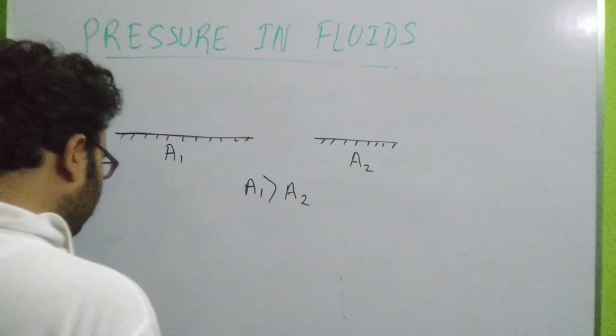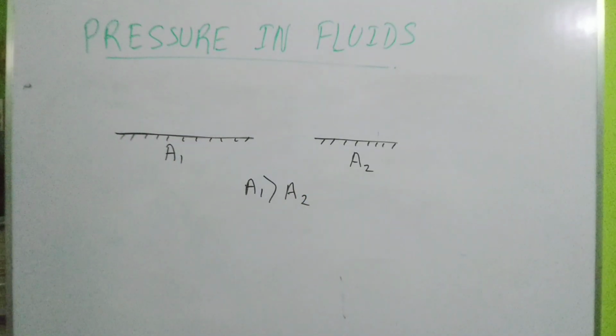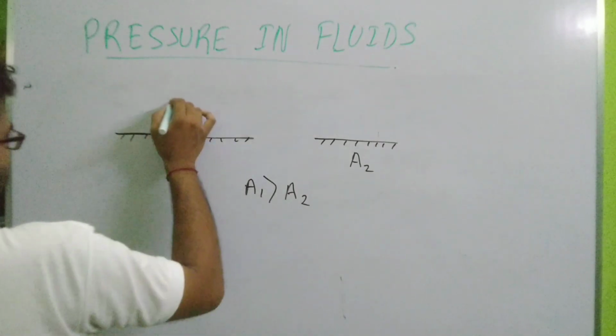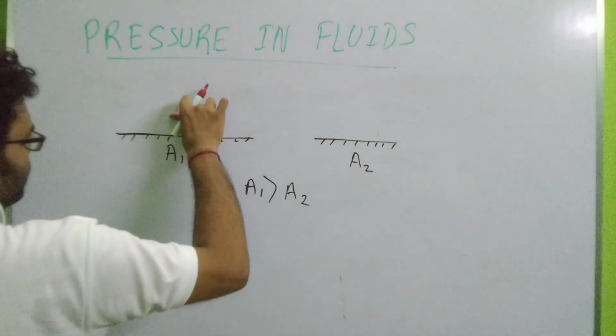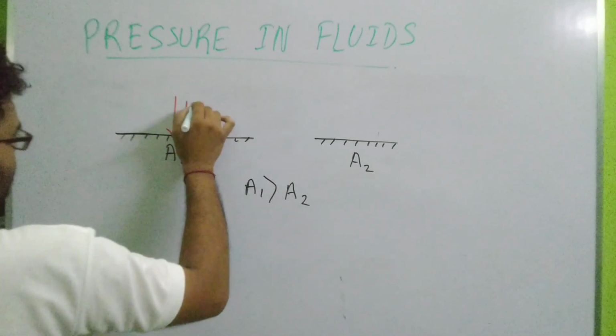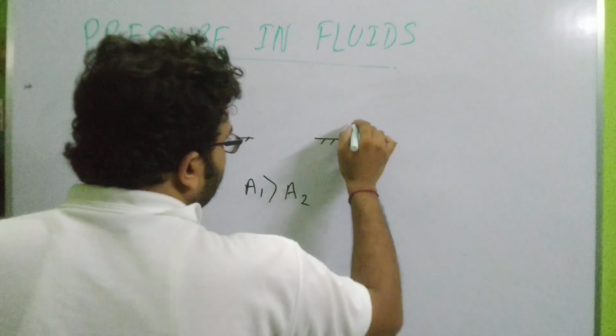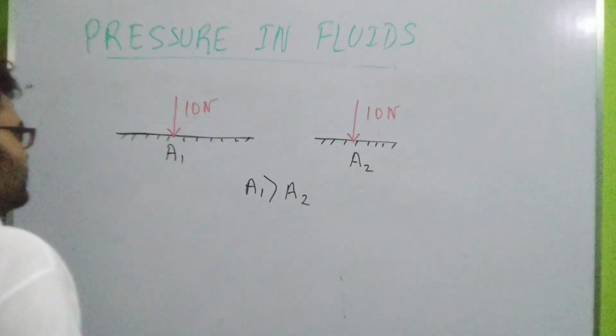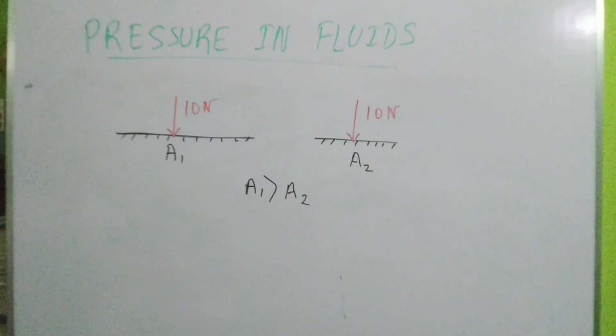Now you are applying a similar kind of force, or rather say, a thrust of, say, 10 Newton on this surface, and also a similar thrust of 10 Newton on this surface. So do you think that the impact of this thrust on these two surface areas will be the same?